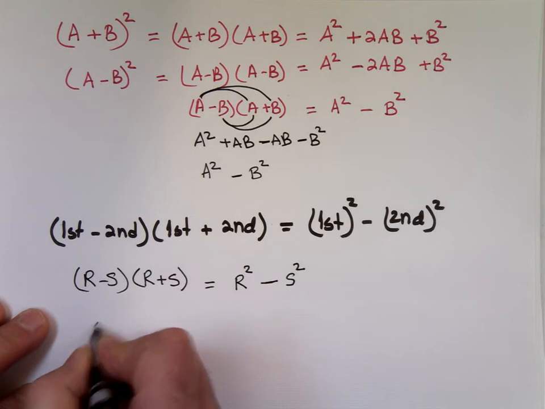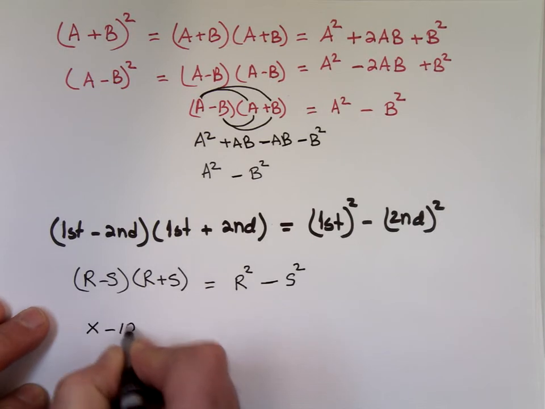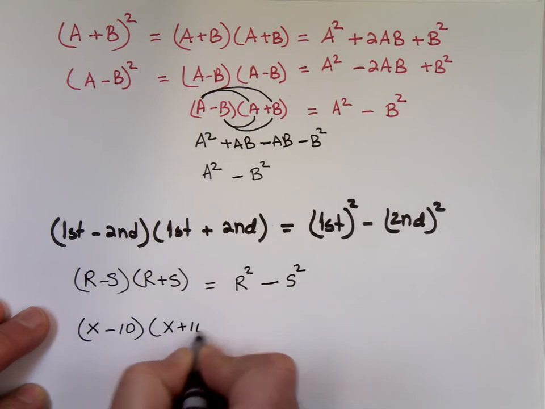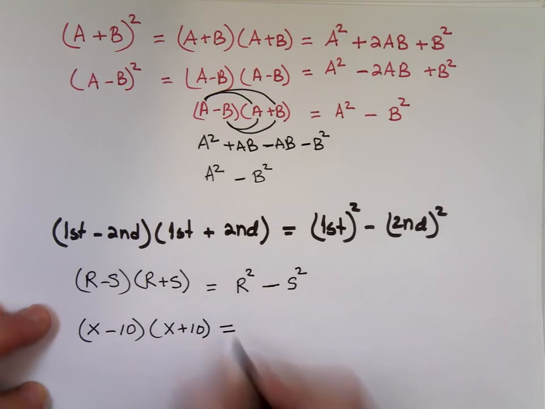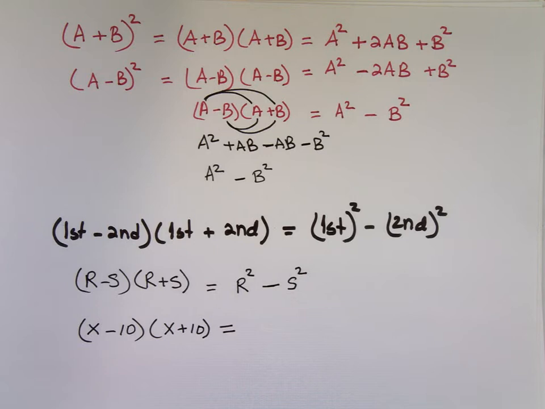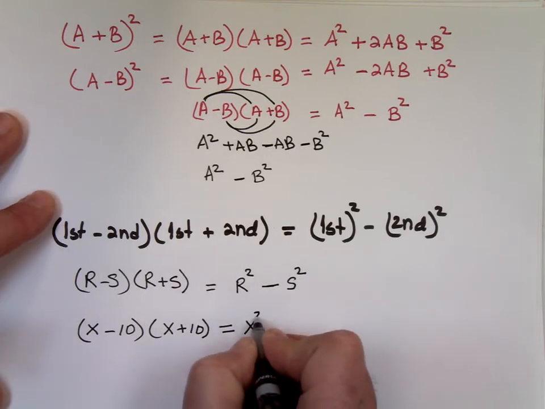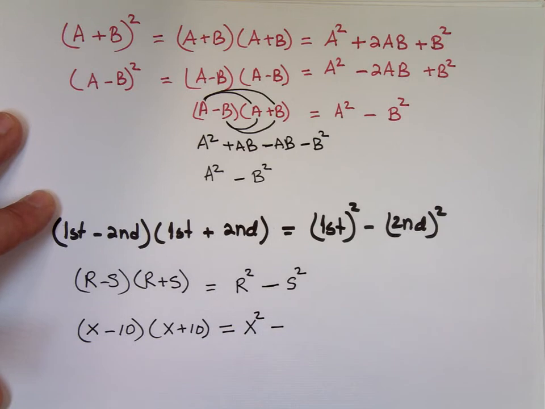X minus 10, X plus 10. Take the first one and square it. Take the second one and square it.